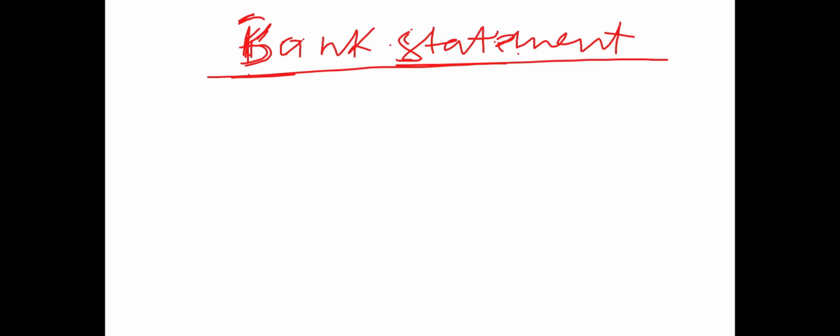And now the cash book that we are going to be talking about here is the bank column of the cash book. In other words, we don't need the cash column. What we are looking at are only those transactions that went through the bank, only business bank transactions alone.